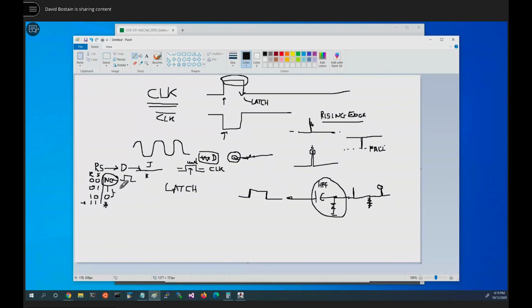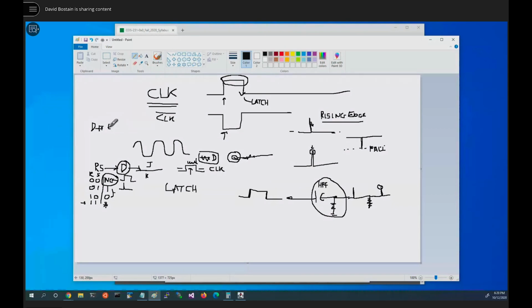The engineers arranged to cause that to be differentiated by the capacitor, and then we changed it to edge-triggered, and now it became a truly useful flip-flop. One of the most common flip-flops you're going to see in use is a D flip-flop. It has to be edge-triggered.